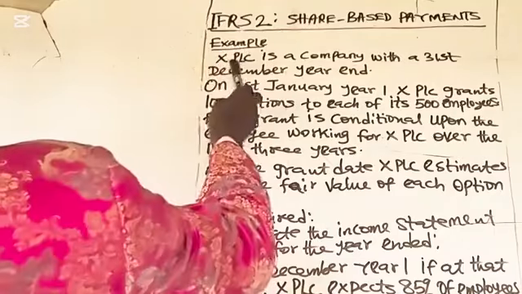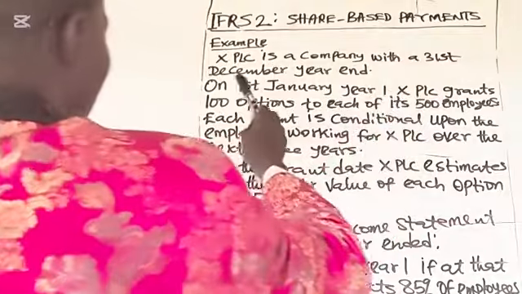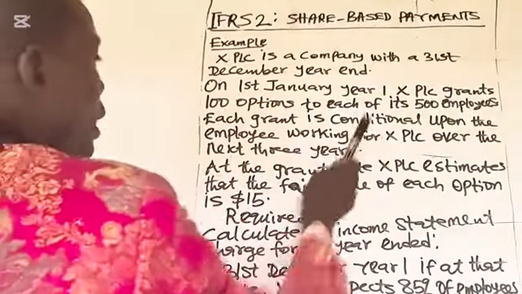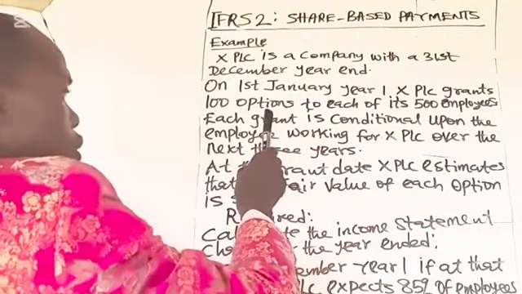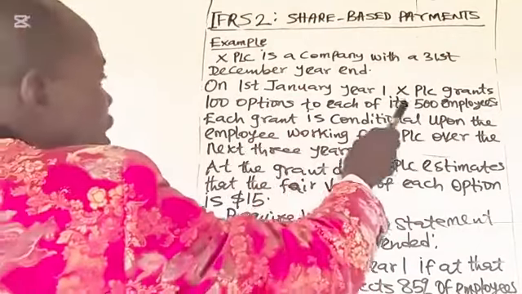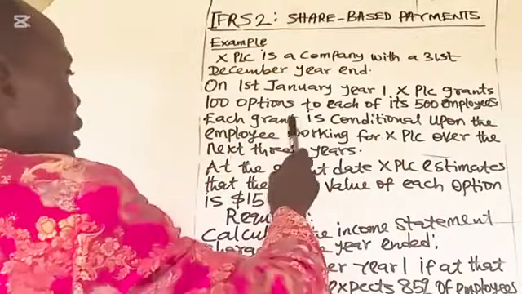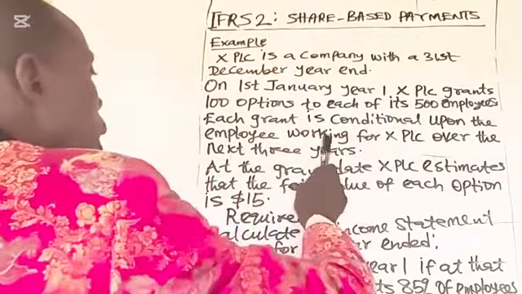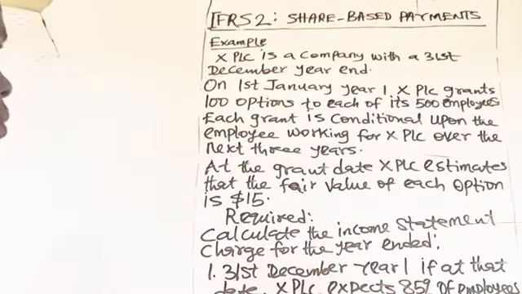Example, XPLC is a company with a 31st December year end. On 1st of January year 1, XPLC grants 100 options to each of its 500 employees. Each grant is conditional upon the employee working for XPLC over the next 3 years.